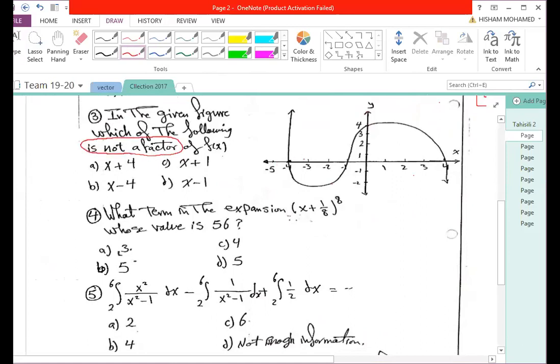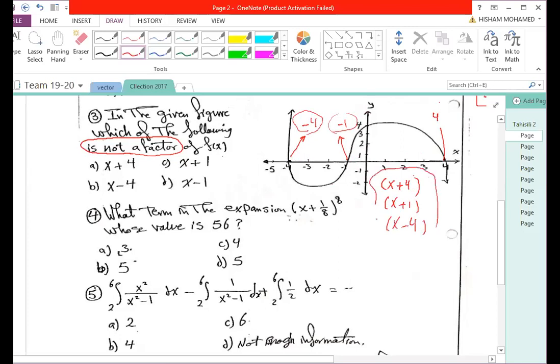We can notice that this curve intersects the x-axis at 3 points: negative 4, negative 1, and 4. If you wanted to write these as 3 factors, you would write x plus 4, because here it's negative, x plus 1, because also here it's negative, and x minus 4.